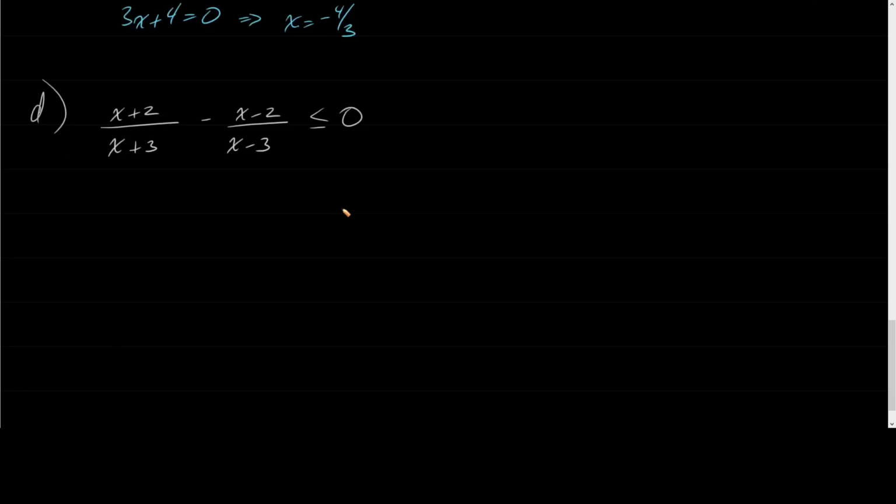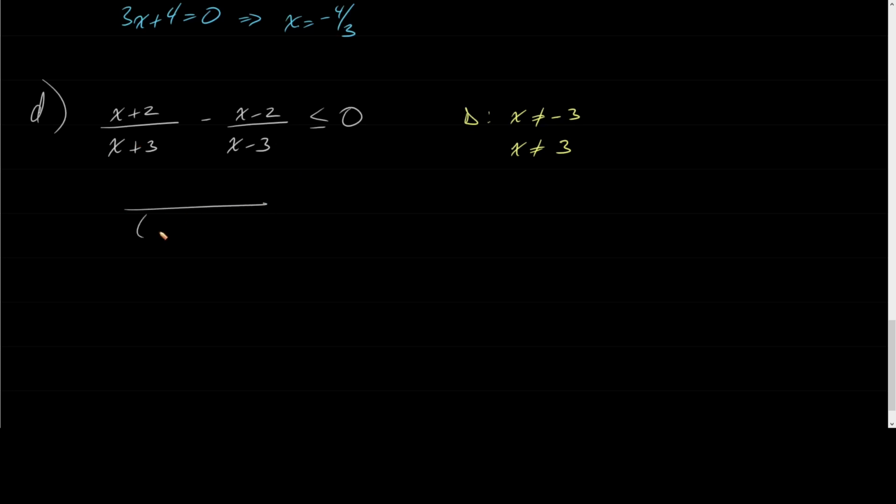Now, we're going to start again by looking at, well, what is the domain of this problem? The domain is, from the very beginning, x cannot be equal to negative 3 because we can't have a 0 in the denominator over here. And x cannot be equal to positive 3 because that would give us a 0 in the denominator over here. All right. Next thing is, let's come up with a common denominator.